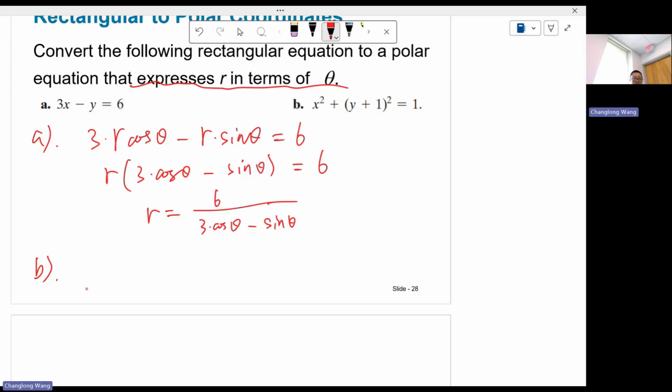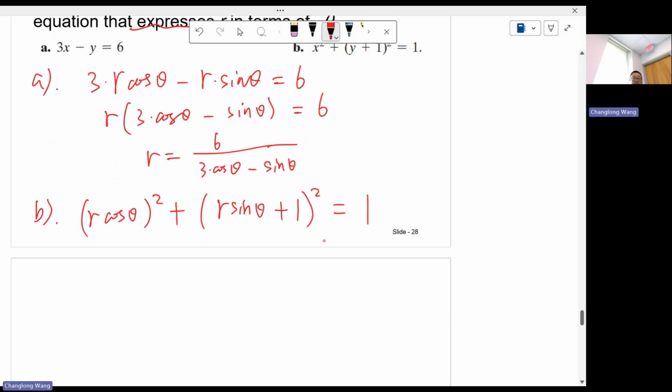So again, we see x, we're going to replace it with r cosine theta, and you need to square it, plus y, which is r sine theta, just square that as well, equals 1. Let's expand it. For this guy, you're going to square both r and cosine theta. Now, for the second term, you will have to expand it using the perfect square trinomial.